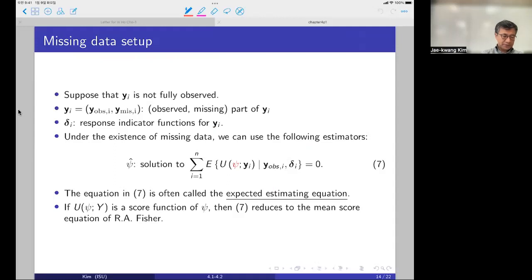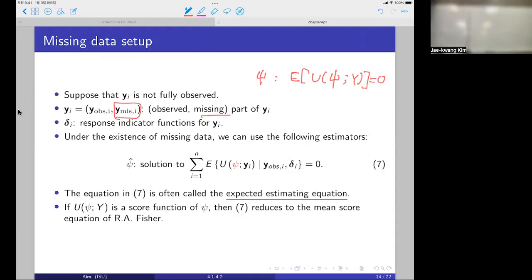So here we now have missing data, a very general setup. The parameter of interest is still psi.